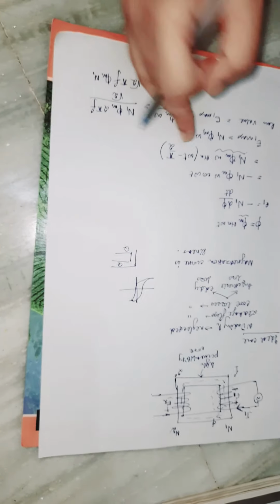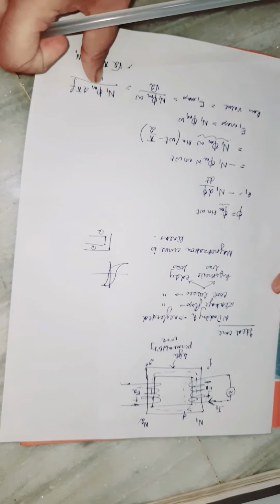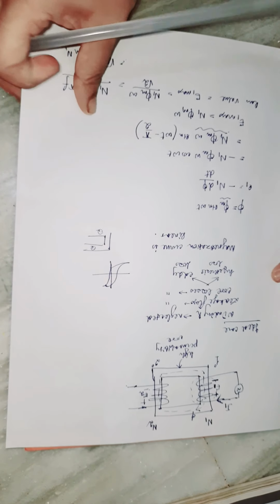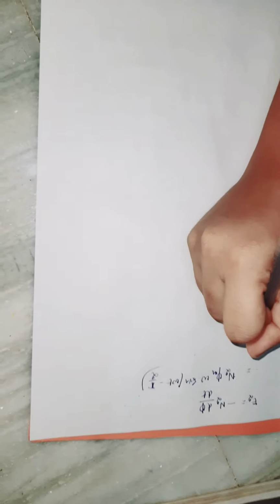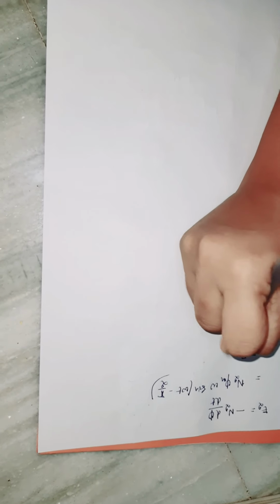As you can see, the only difference between this equation and that equation is the number of turns. So we can say this is E2 max sin(omega t minus pi by 2).